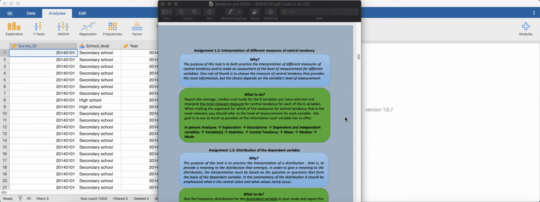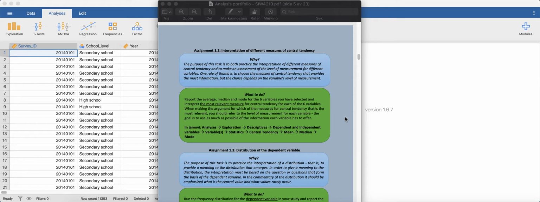So what to do? Report the average, the median, and the mode for the 6 variables you have selected, and interpret the most relevant measure of central tendency for each of the 6 variables. When making the argument for which measure is the most relevant, you should refer to the level of measurement for each variable. The goal is to use as much as possible of the information each variable has to offer.